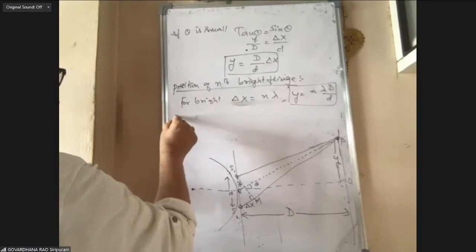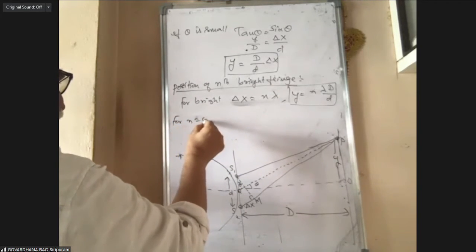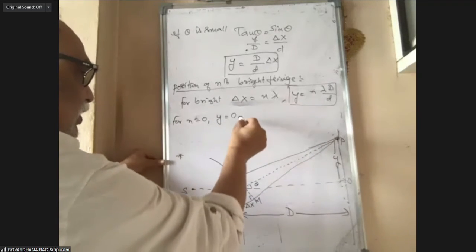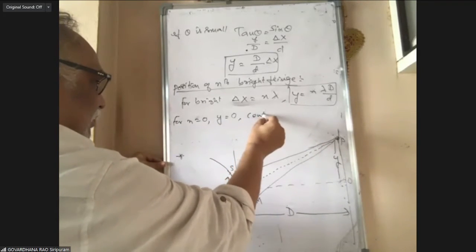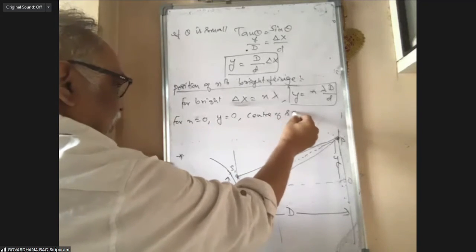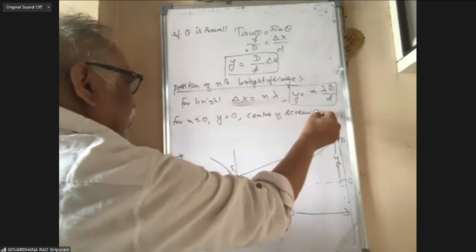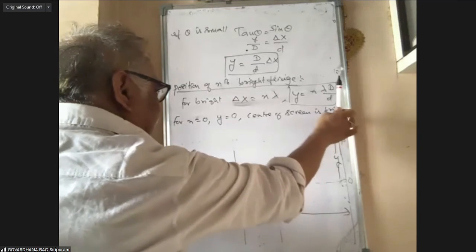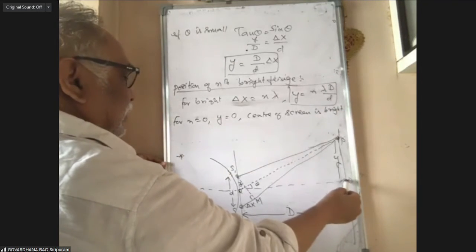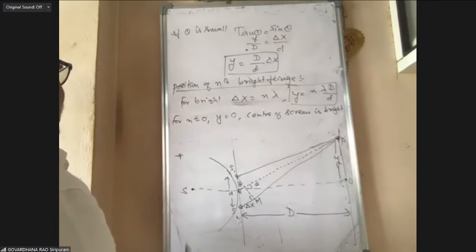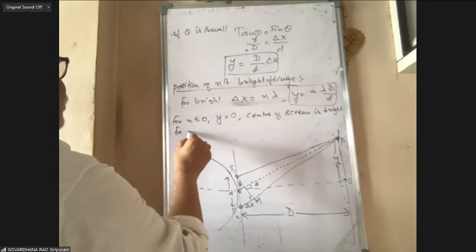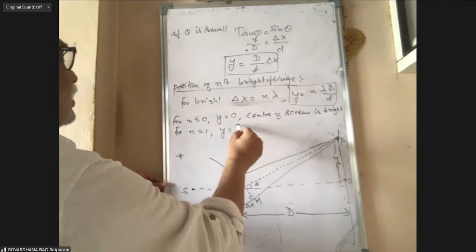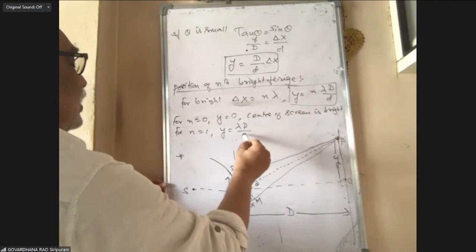Now for n equal to 0, y equals 0. That is the center of the screen. The center of the screen is bright. For n equal to 1, y equals lambda D by small d.